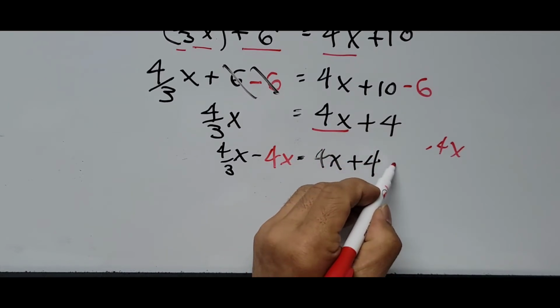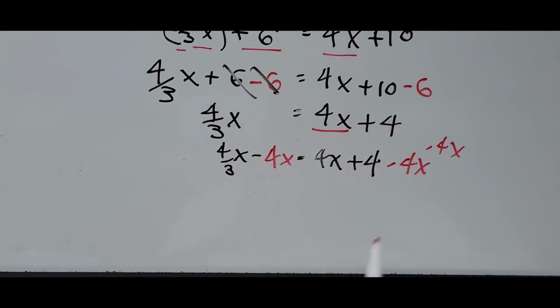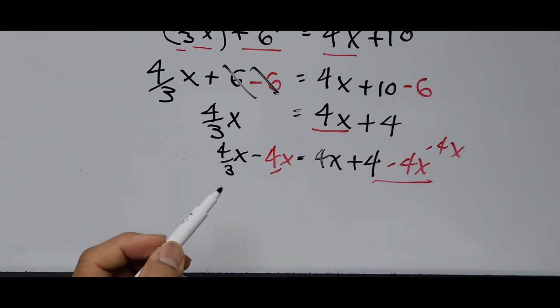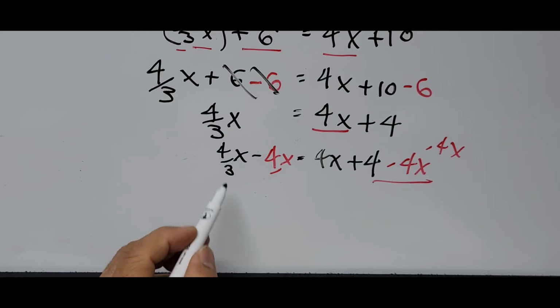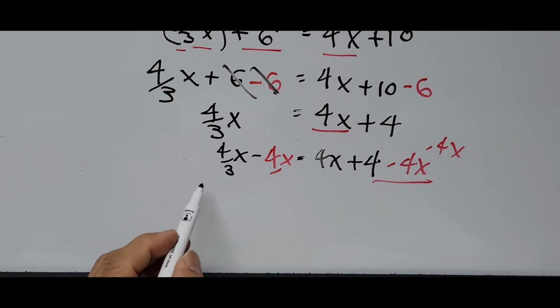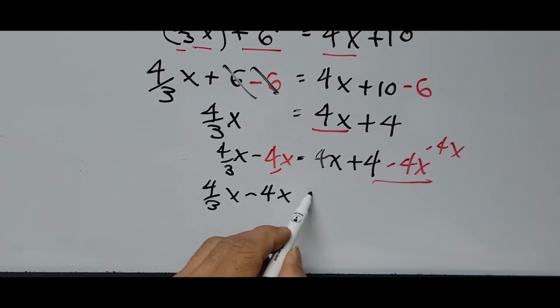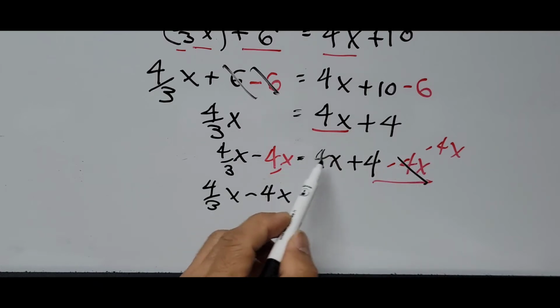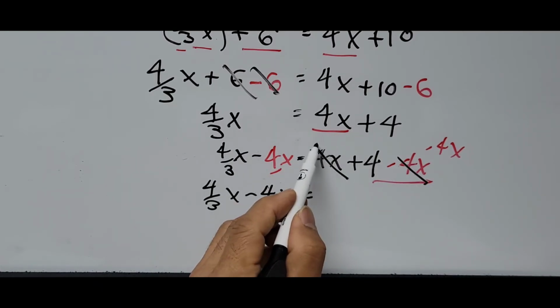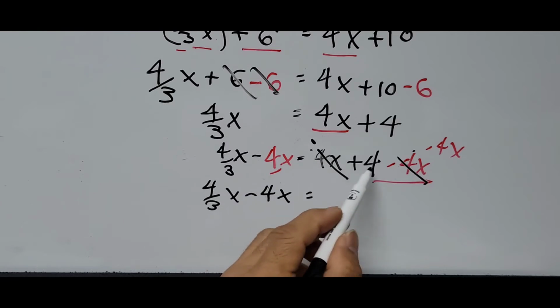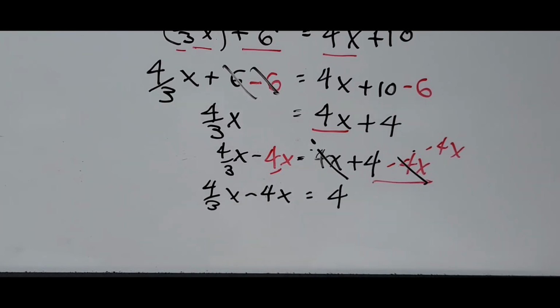So what we have now: 4/3 x minus 4x equals 4x, and minus 4x times 4x is cancelled out, that's 0. And what you have left, 4. Now we have 4/3 x minus 4x is equals 4.